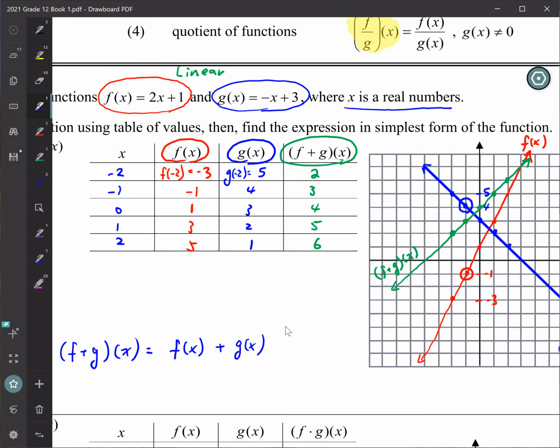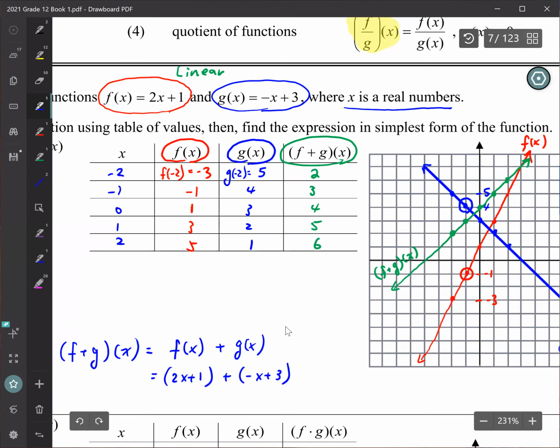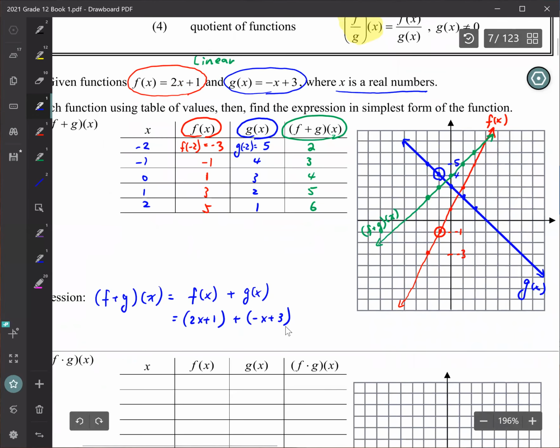For the f, 2x plus 1, so we're doing the bottom part, plus g of x, so -x plus 3. And then you combine as much as possible. Simplify it. So here we get like terms.